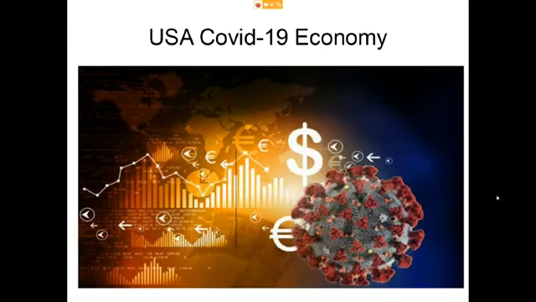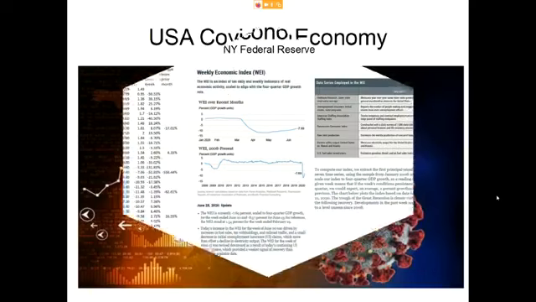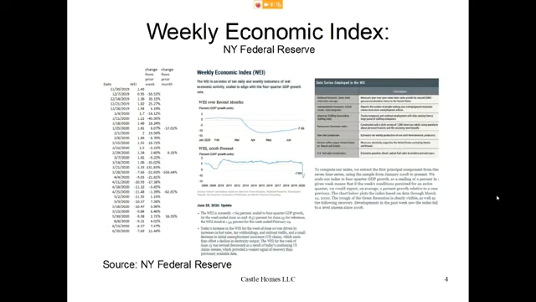All right, so real quick, let's take a look at the COVID economy that we find ourselves in. The one thing that I'm using to track this in a general sense is this weekly economic index, put out by the New York Federal Reserve. You can see on the right here they have all of the data series that they follow, and these are weekly items.